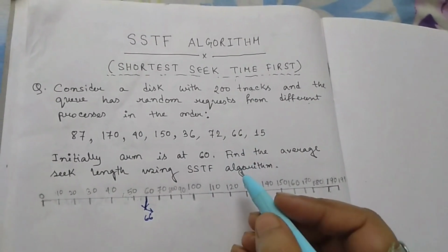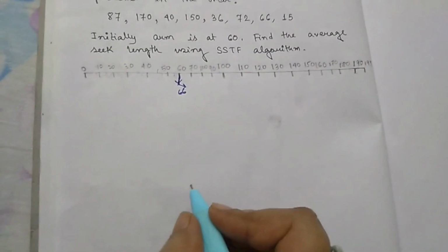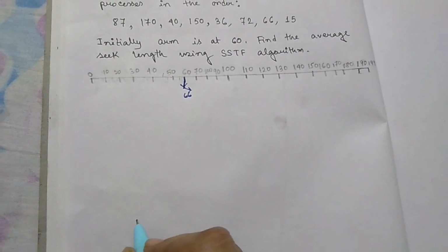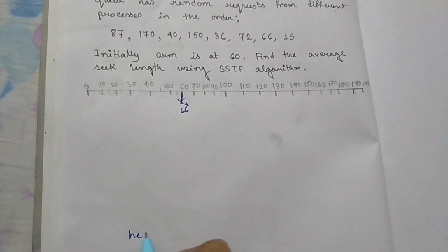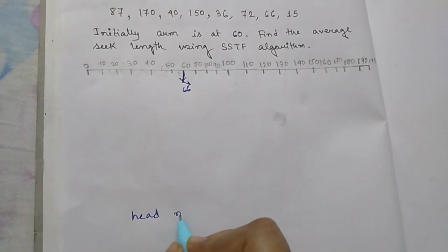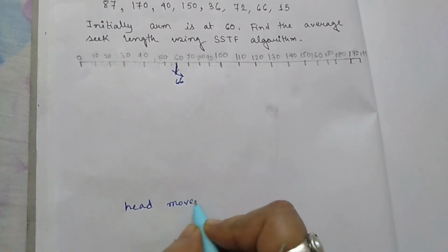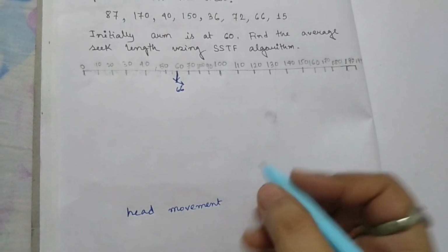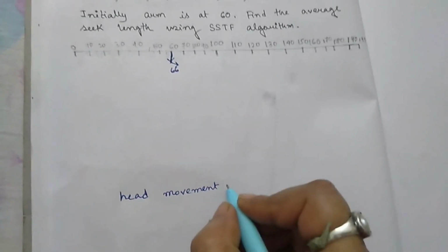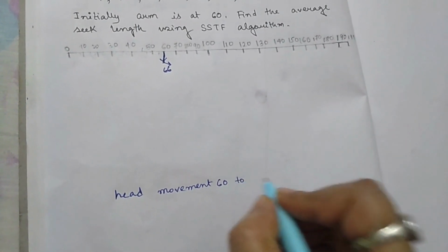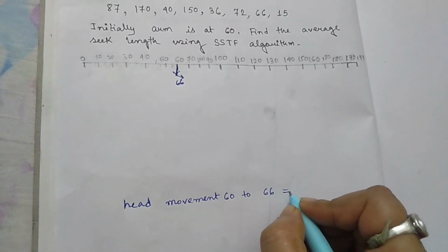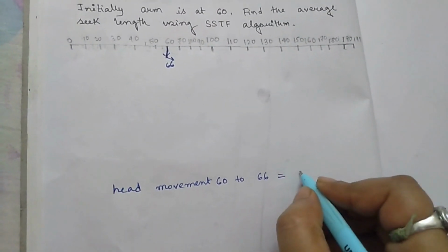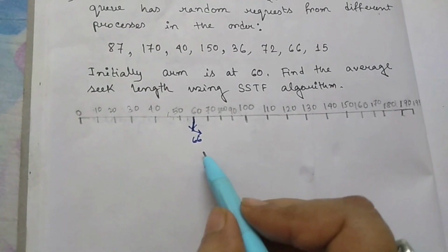Okay, so the head movement calculation is head movement 60 to 66. So the movement gap is 6, right? Next we find the nearest job of 66.